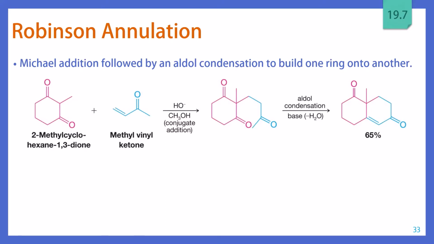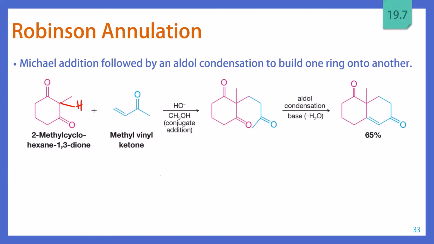Our next reaction is the Robinson annulation, which is a Michael addition followed by an aldol condensation to build one ring onto another. So in this example, you have this beta dicarbonyl compound, which means this hydrogen is the most acidic hydrogen in the reaction mixture. So it doesn't matter that there's also an alpha hydrogen on the methyl vinyl ketone.